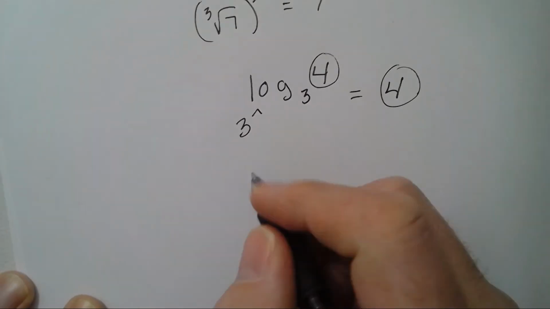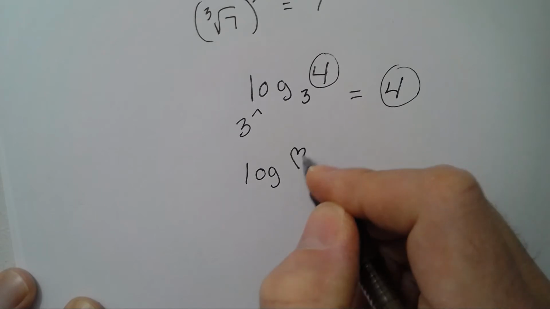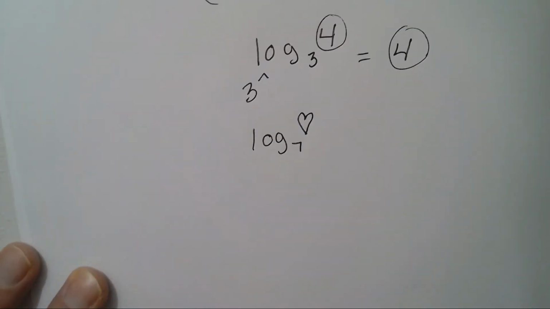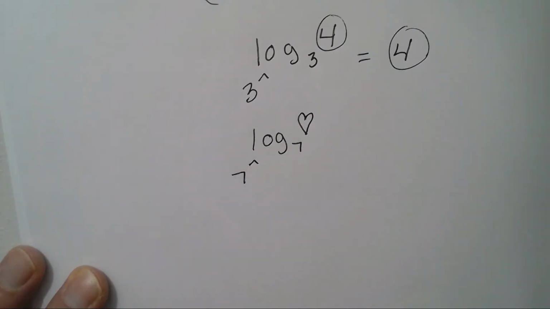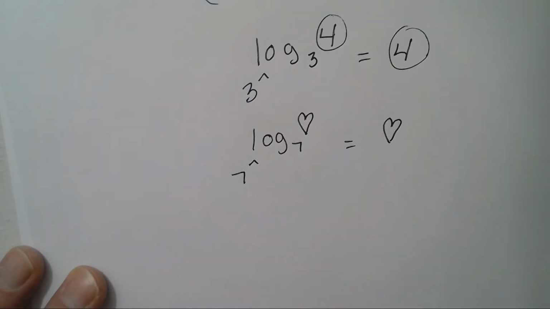So if it's the log of heart base 7, if I wanted to get rid of the log base 7, you could do 7 to the power of it, and you're just going to be left with heart. Alright, we can undo exponentials using logs.